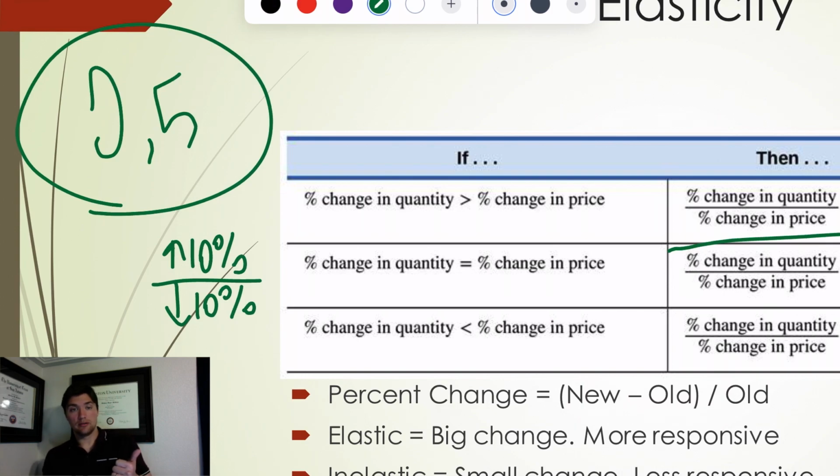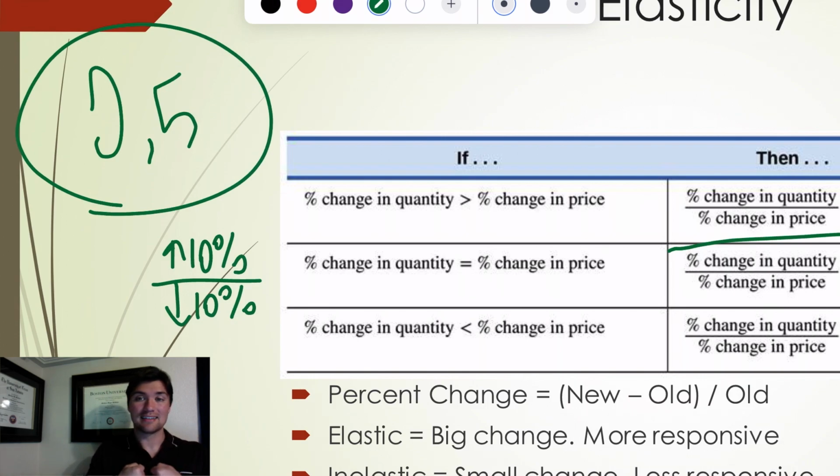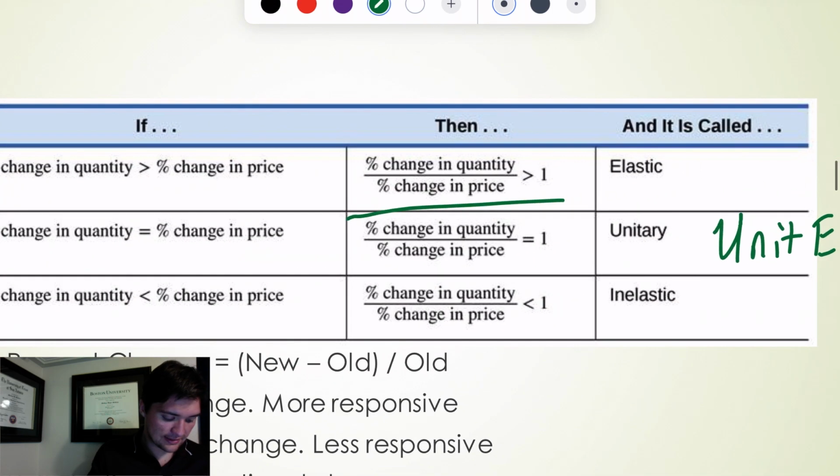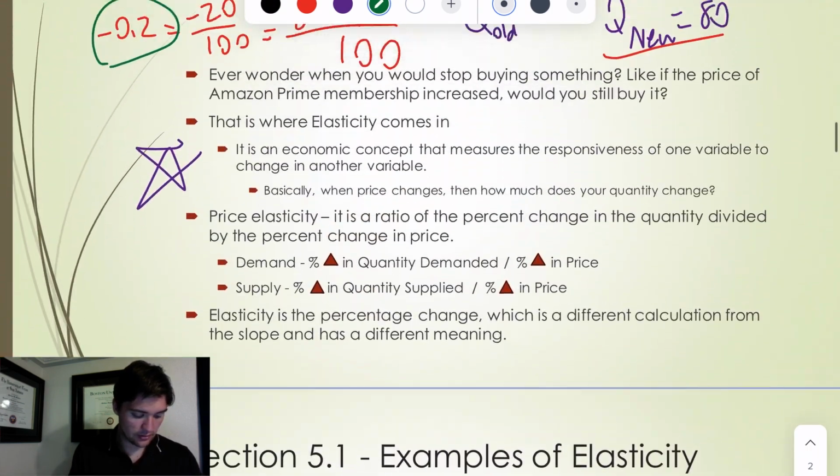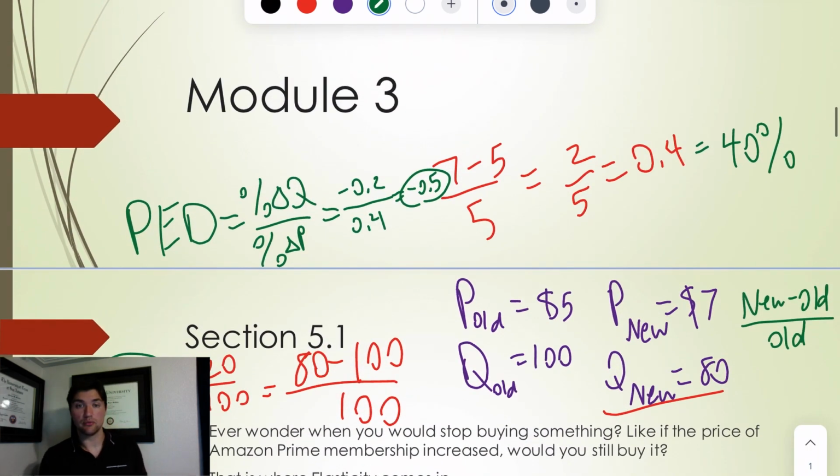That would mean what is left is a small change in quantity, something that is inelastic. Like you can't really stretch it out. It's inelastic. So small change in quantity, and that's going to be something that is less than 1. So when we did the calculation earlier, up here, this complicated example here, we got 0.5.